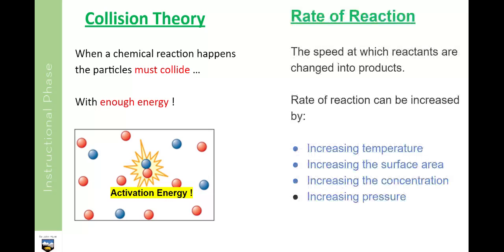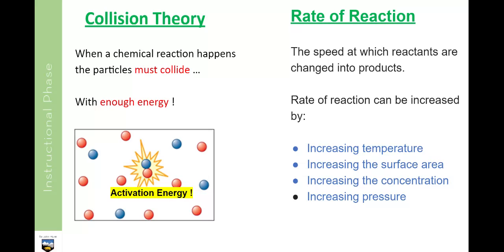Then we looked at rate of reaction. So the speed of a reaction, the speed at which the reactants at the start are changed into products. And we looked at the factors that can change the rate of reaction. And we know that a rate of reaction can be increased if we increase the temperature. Remember, if we increase the temperature, we give the particles more kinetic energy.